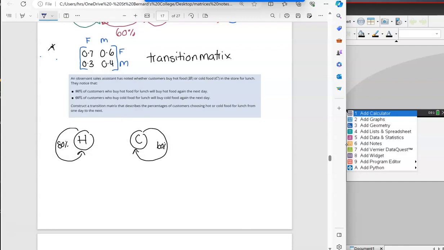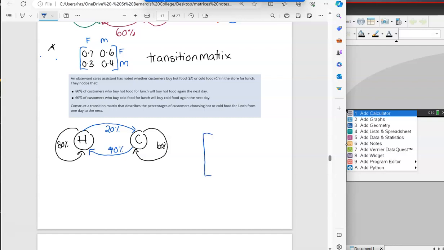If 80% are going from hot to hot, how many are left to go over to the cold? 20. Would that make sense? And then if 60 are going cold to cold, how many are left to go back over to hot? 40%. Good. Okay, and it says construct a transition matrix.